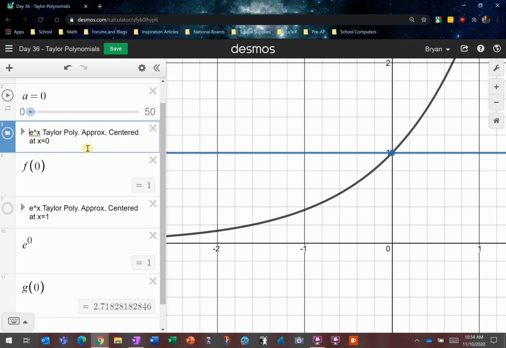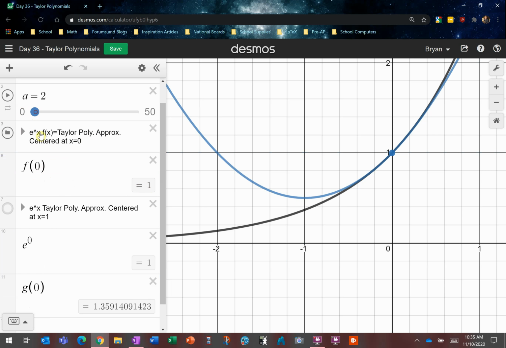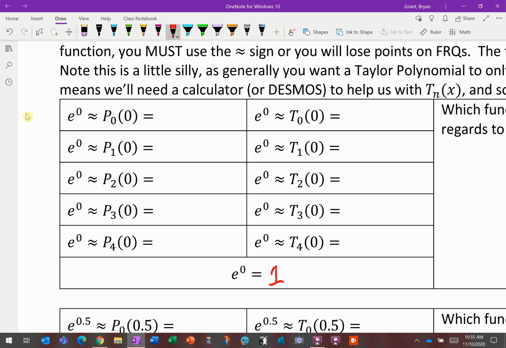I should probably call this f of x equals the Taylor polynomial approximation. As I go out further, we sometimes will see this value change. But we just saw that f of 0, my Taylor polynomial, is going to be 1 every time, no matter how many terms we give. So this is going to be 1 every time.